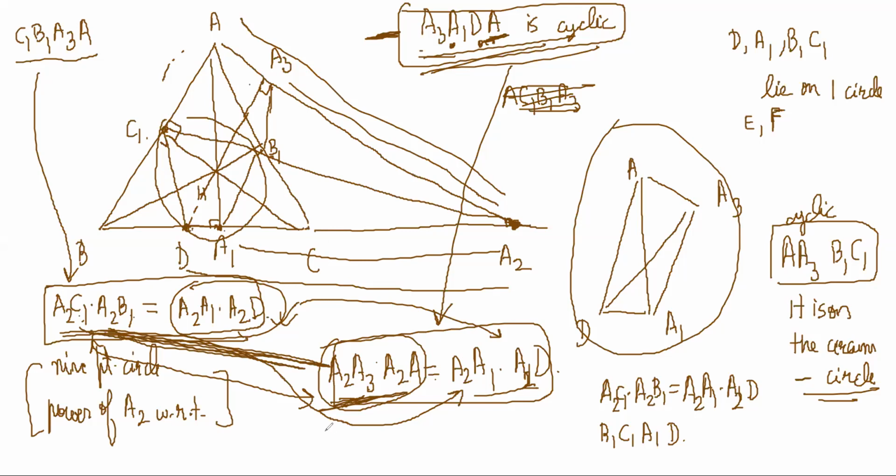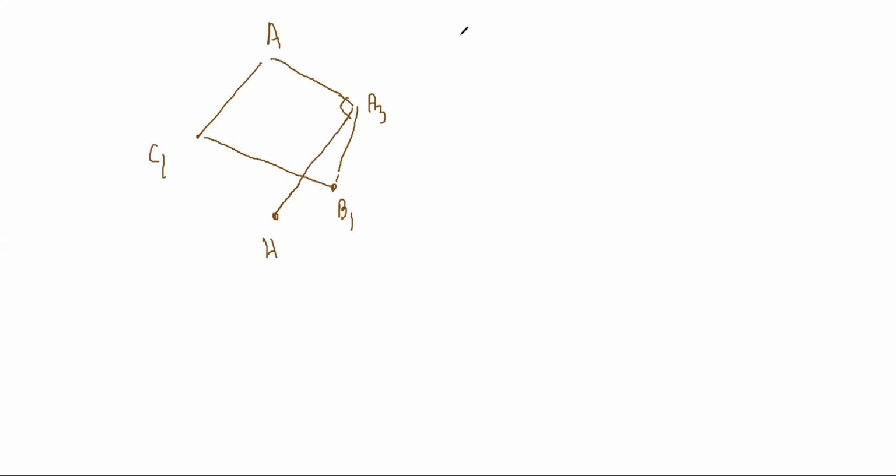Now, if C1, B1, A3, A is cyclic, I will draw a figure like this. A was here, C1 was here, B1 was somewhere here, and A3 was somewhere here. The perpendicular was from H to A3, and H to C1 was also perpendicular, and H to B1 was also perpendicular.